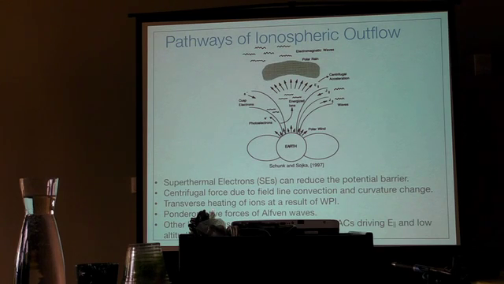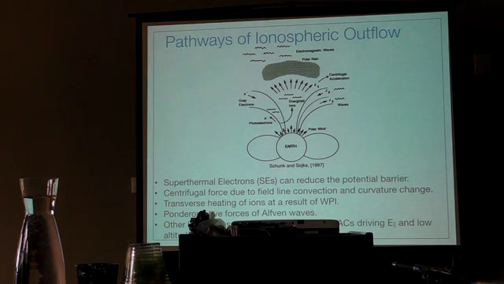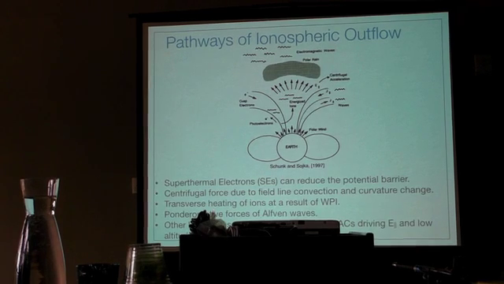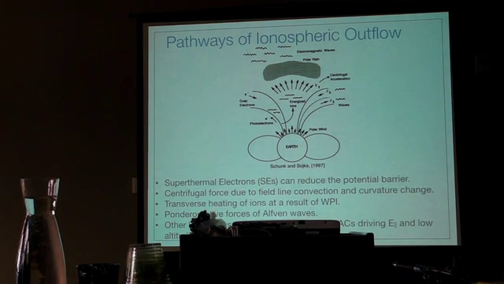If you have broadband wave turbulence, you can get this heating perpendicular to the field line, and that will generate a mirror force that will accelerate the ions parallel to the field. There are non-resonant interactions with waves, so-called ponderomotive forces about phase waves. You can see lots of papers about this from George Khazanov and others. It's pretty effective at generating outflow as well.